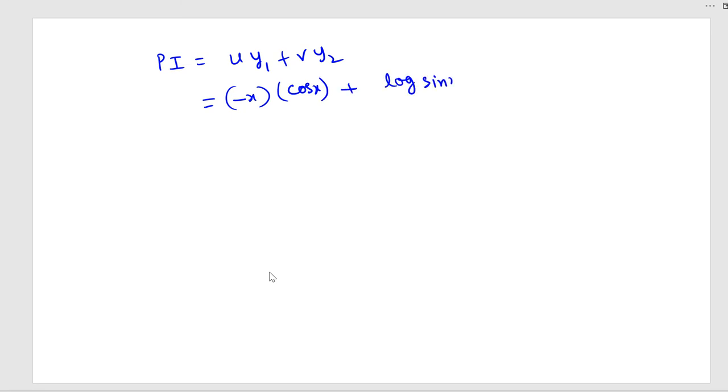Now you can write down the solution. The particular integral is u y1 + v y2. Here u was minus x, and y1 is cos x, plus v equals log sin x, and y2 equals sin x.